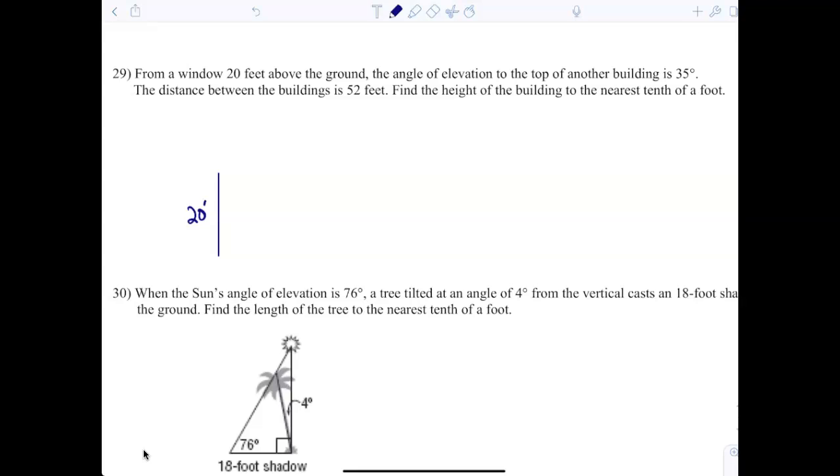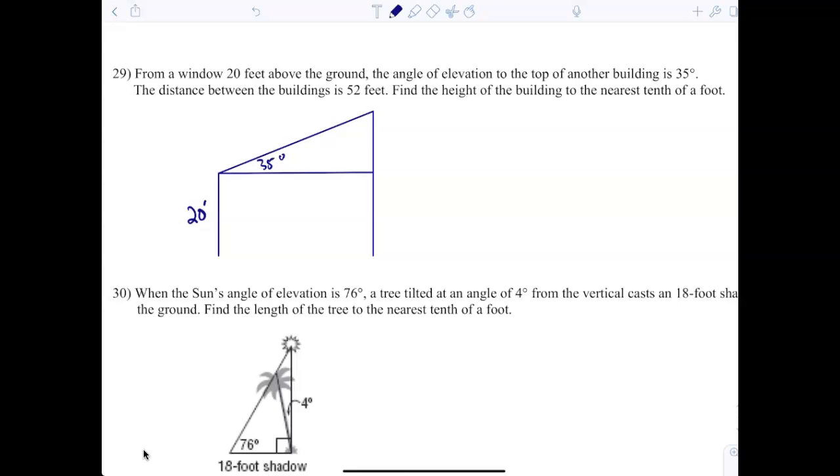Oh, that's okay. So 20 feet above the ground. Another building over here. The angle of elevation to the other building is this guy right here, right? So draw this over this way, and this would be 35 degrees. Does everybody agree with that?